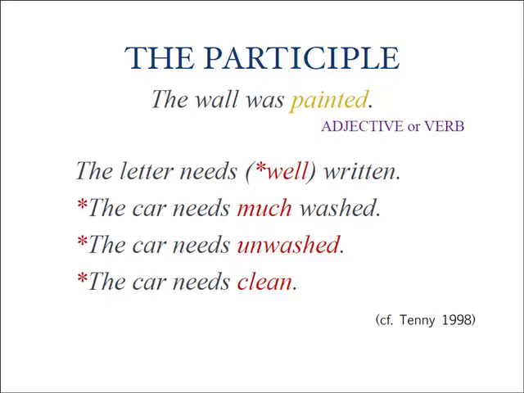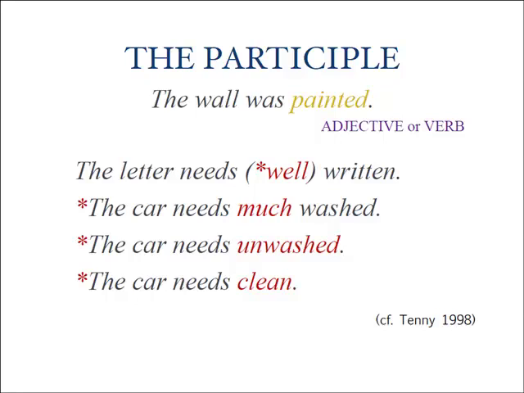So something like the letter needs written is fine. If you put a well in there, it needs well written. Speakers say they really can't say this. Usually, if we use something like written as an adjective, we would say a well-written letter as opposed to a written letter. And other types of modifications, like much, again, it doesn't work.